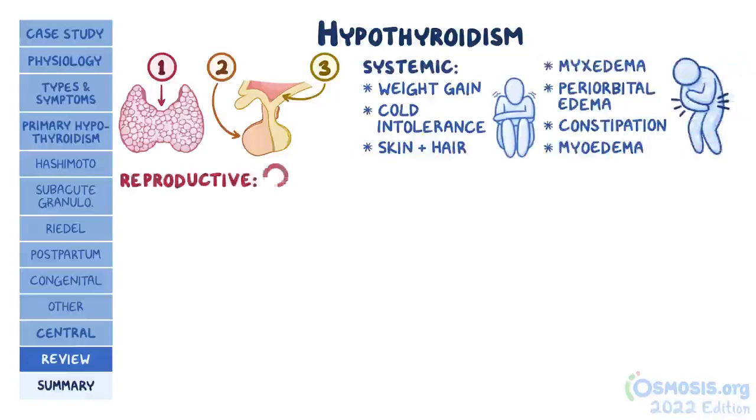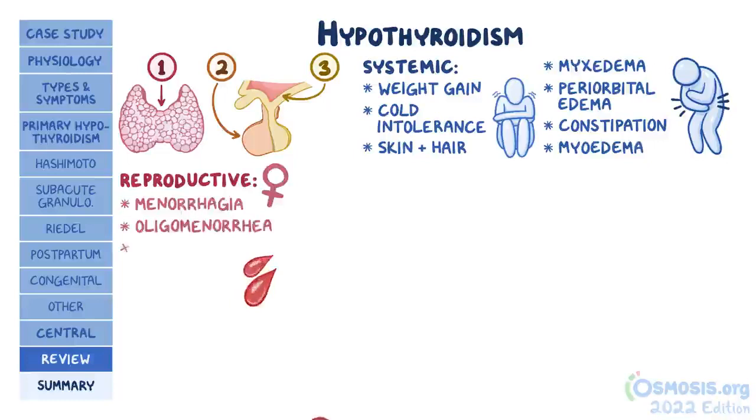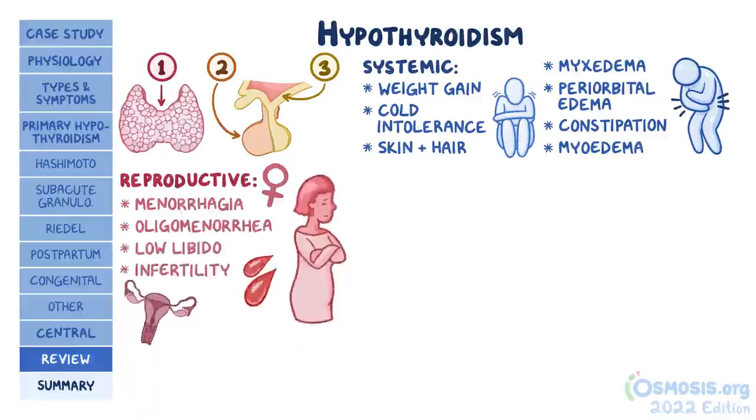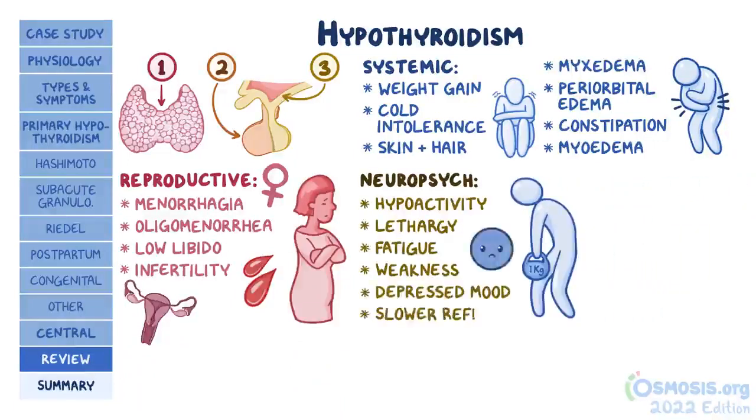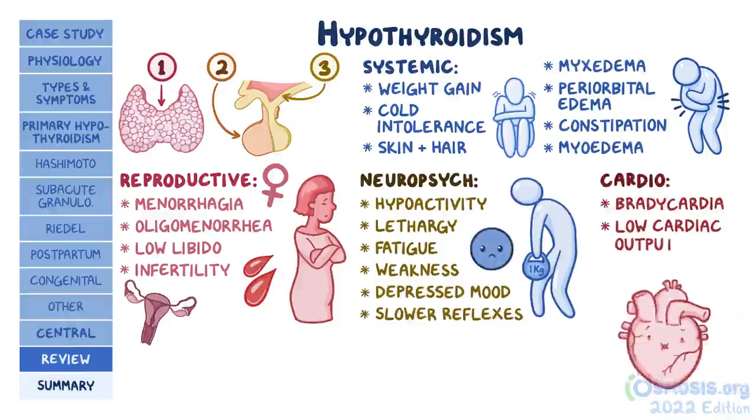Reproductive findings are more common in females and include menorrhagia, oligomenorrhea, low libido, and infertility. Neuropsychiatric findings include hypoactivity, lethargy, fatigue, weakness, depressed mood, and slower reflexes. Finally, cardiovascular findings include bradycardia, low cardiac output, and dyspnea after exercising.